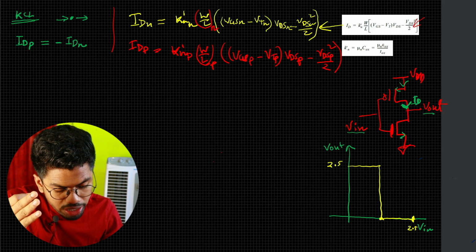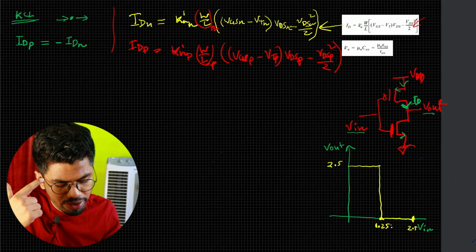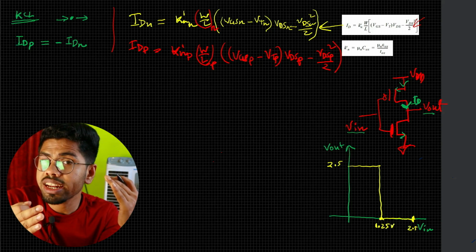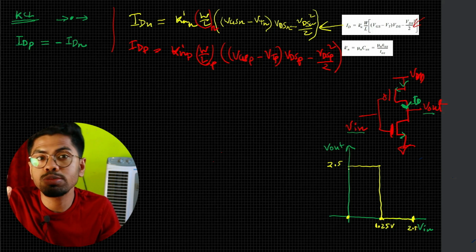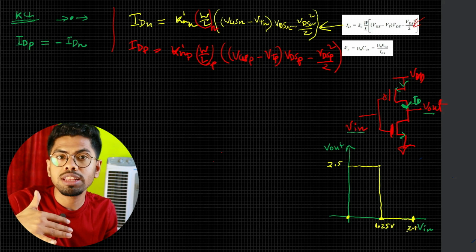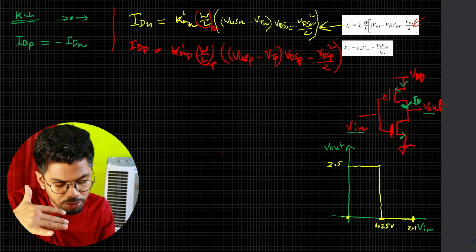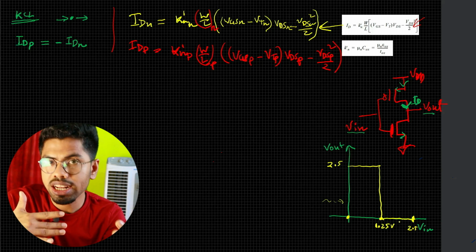So we need to have this transition at the halfway, and that is 1.25 volt. This is the ideal VTC characteristic we need. When our V in is 0, our V out should be the highest possible, that is 2.5, and when our V in is the highest possible, then our V out from here is 0. So that is the ideal characteristic.